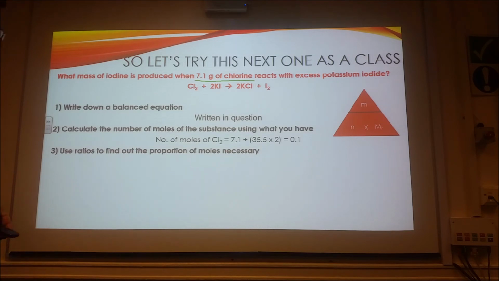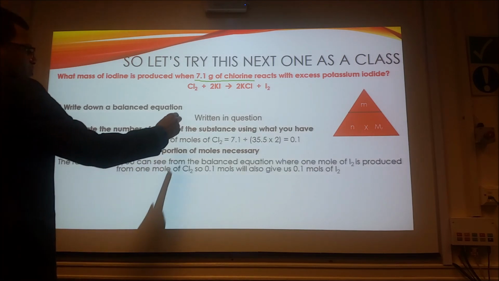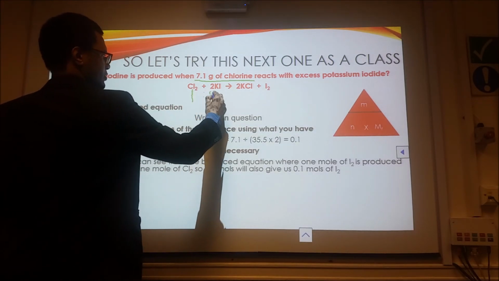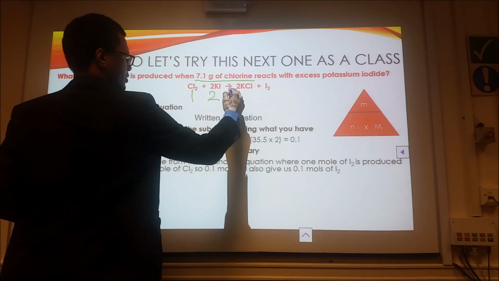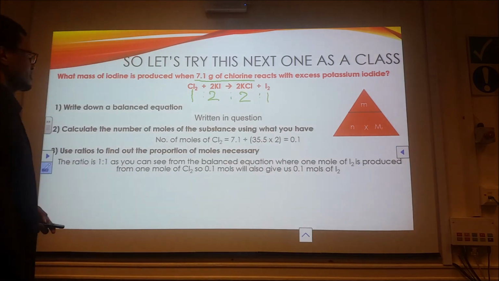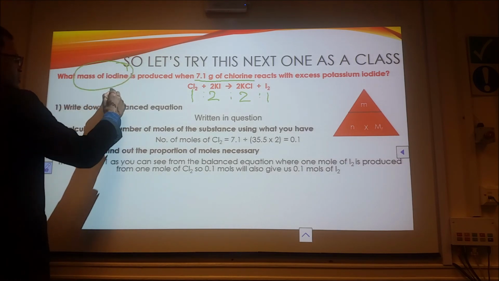Okay, so now that you've done that, let's see if you got it right. So the ratio, as you can see, is 1, 2, and you've got this 2, 1. Now we are trying to find out the mass of iodine.